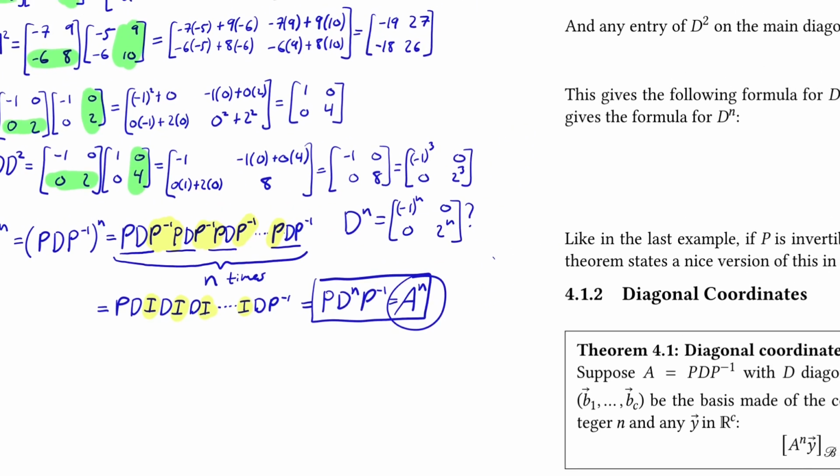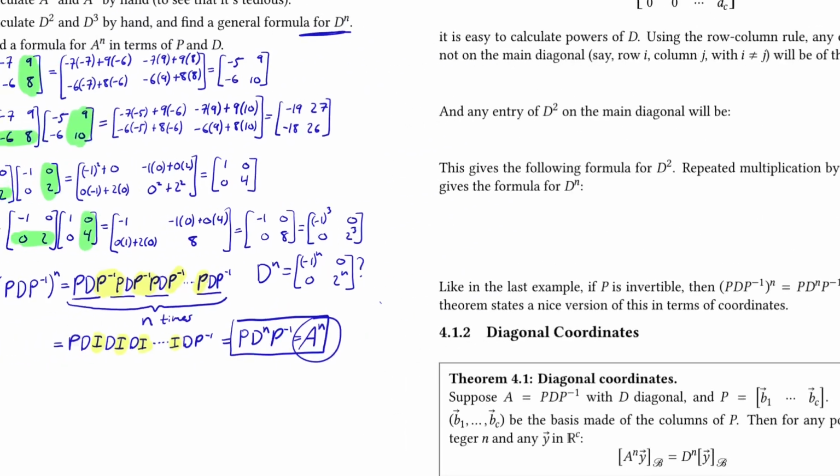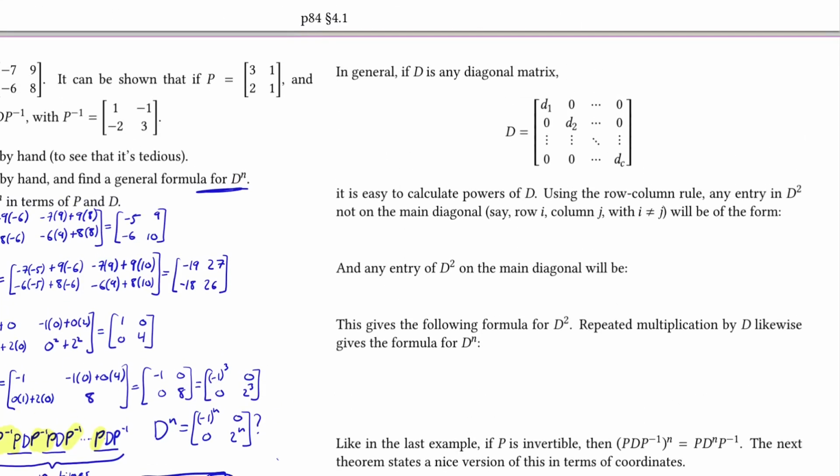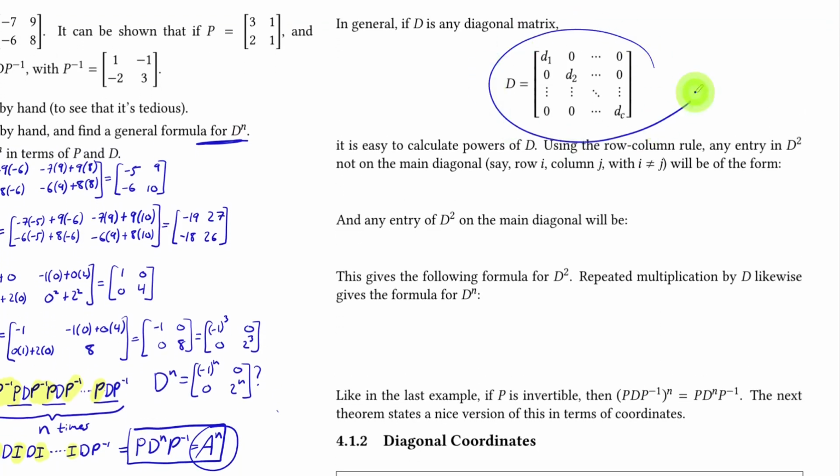Okay, so let's just check that this formula here for diagonal matrices raised to powers works in general. So if this is any diagonal matrix here, you can write it like this, where again everything that's not on the main diagonal is all 0.